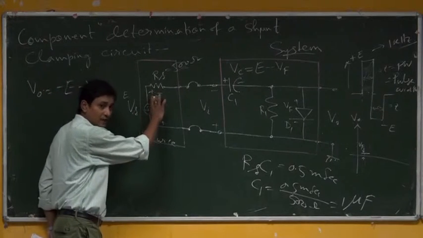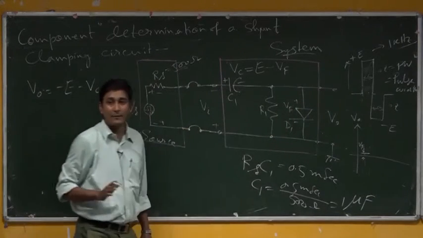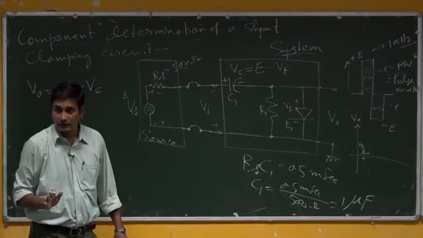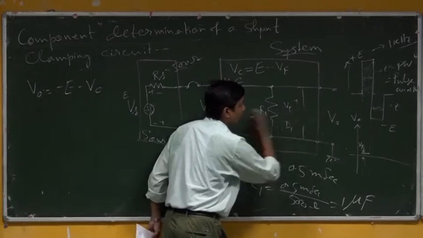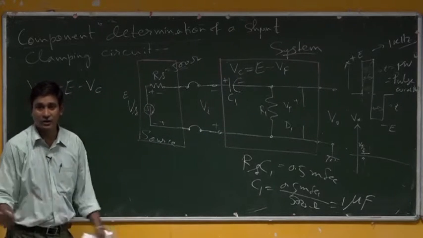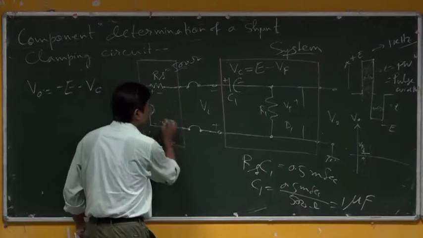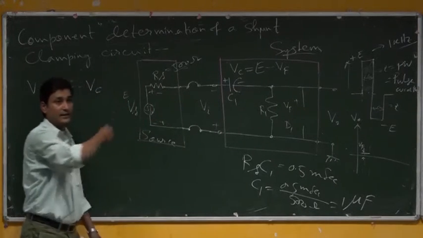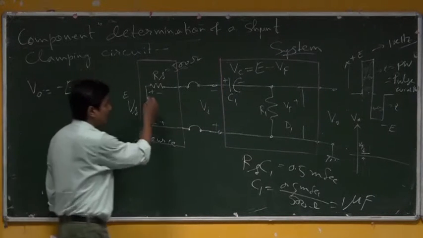If some potential is applied there, let's see what happens to the diode. It will be a negative potential here, negative here, positive here, so it is open. So it is as if the diode is not at all there in the circuit. But still I am saying some closed path exists.